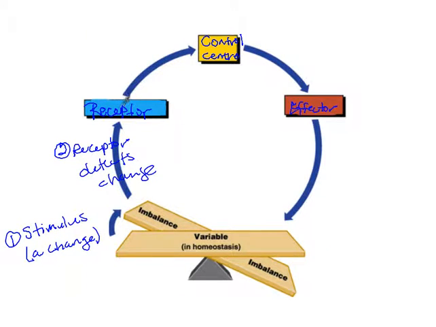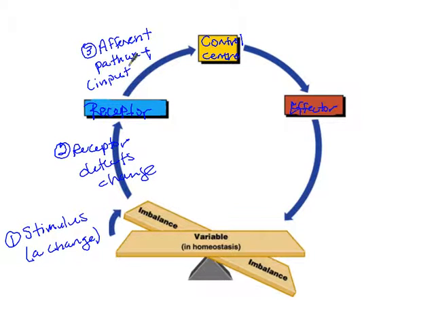All right, now the receptor is going to send a signal to the control center, and this is what we call, we'll put number 3, the afferent pathway. Okay, so this is what we call input.